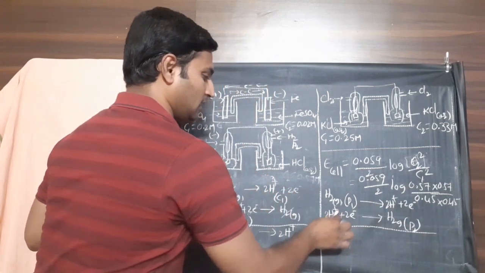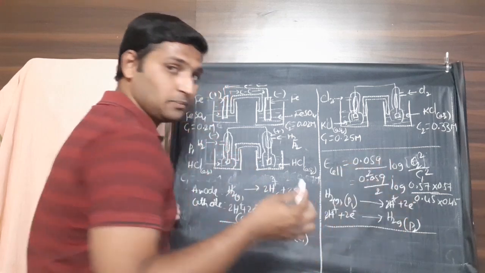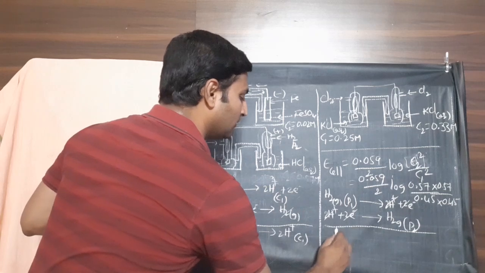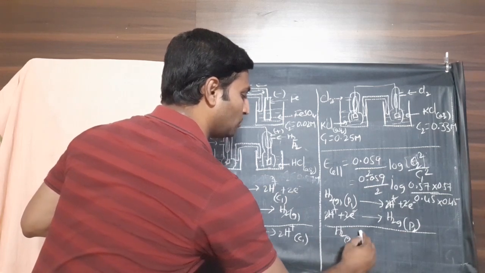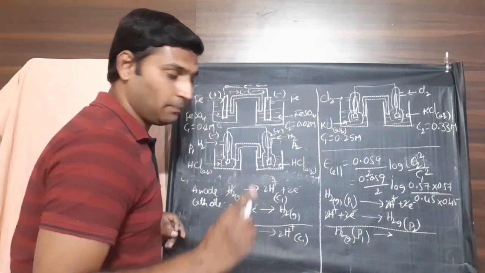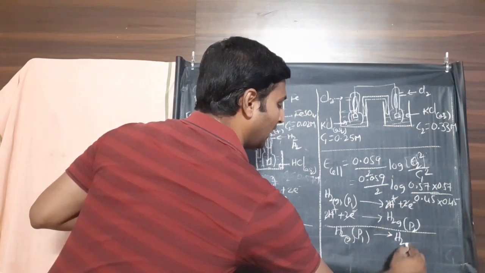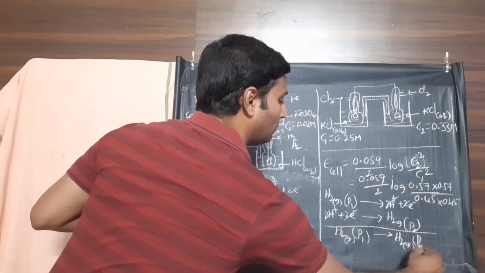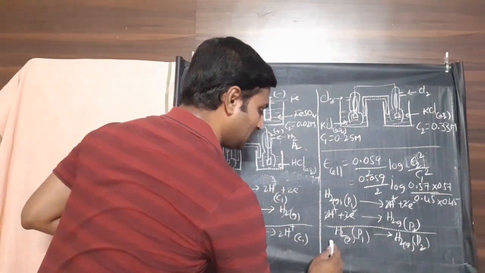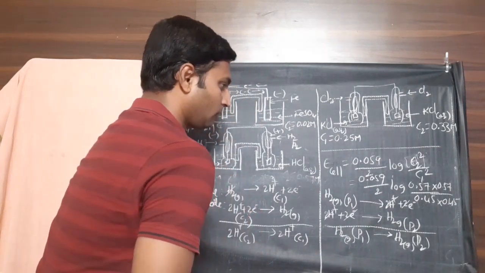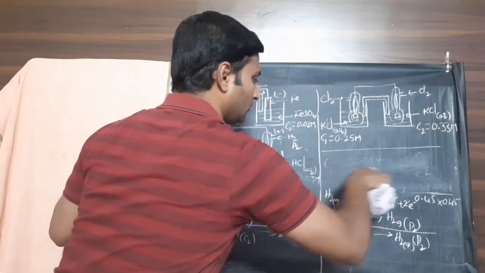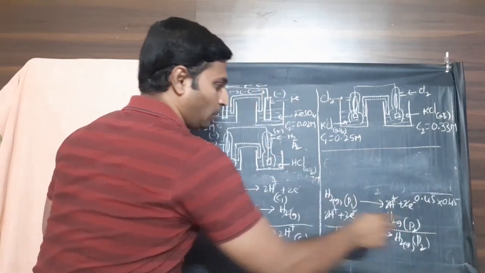Now let us cancel 2H plus on both sides because the concentration of H plus is equal, and cancel 2 electrons. Then the reactant is going to be H2 gas with P1 partial pressure, giving rise to H2 gas with P2 partial pressure. Now let me write the Nernst equation for this.